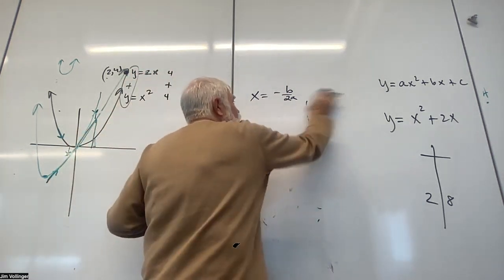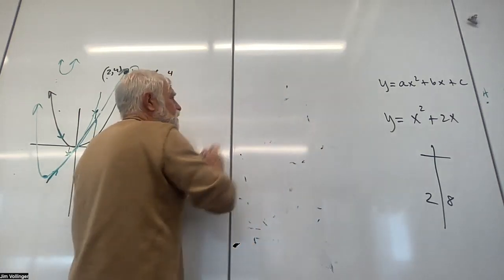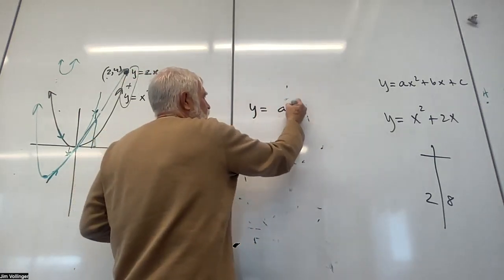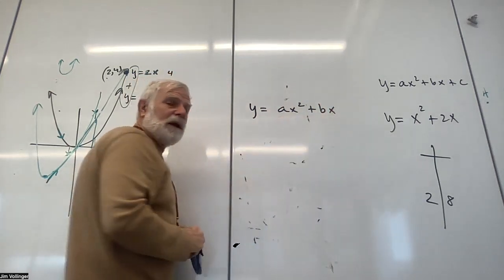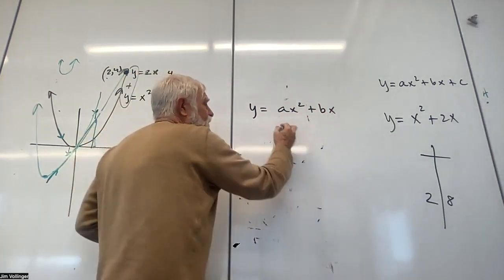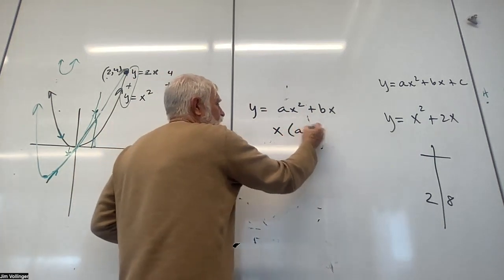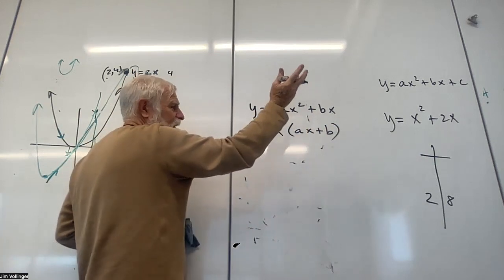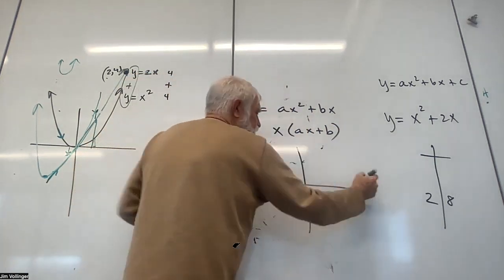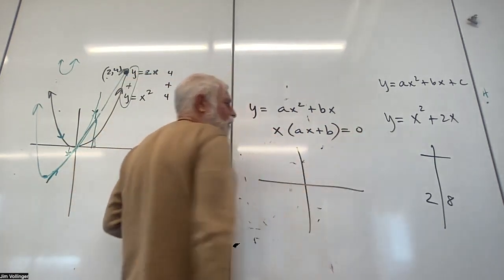Right, now, why is that true? Well, let's go back to the equation y equals ax squared plus bx. How do we write that as a product? Well, we take out what's common: x times ax plus b. Okay. Now, I don't know if a is positive or negative, so it could be on either side here, but what makes that 0?